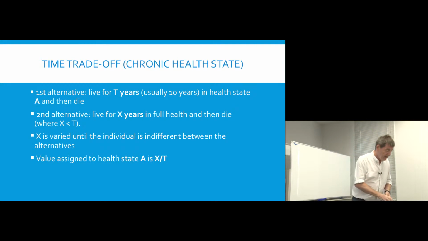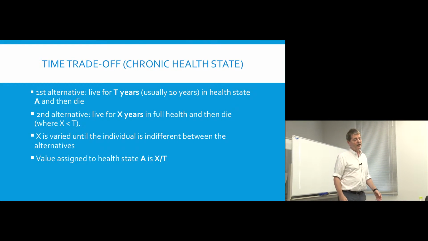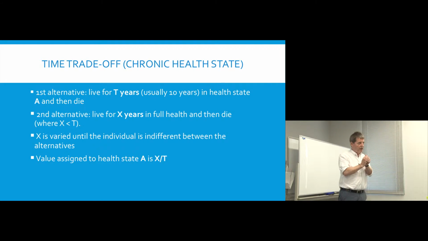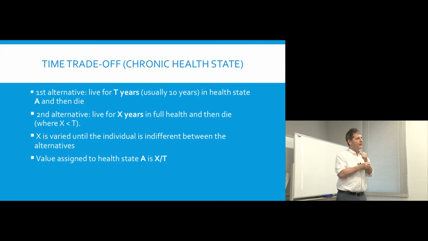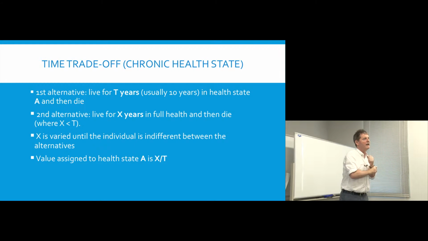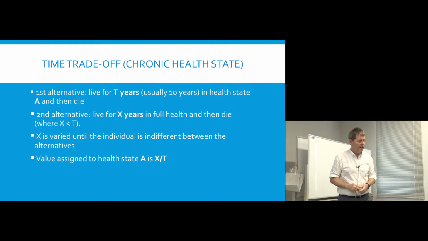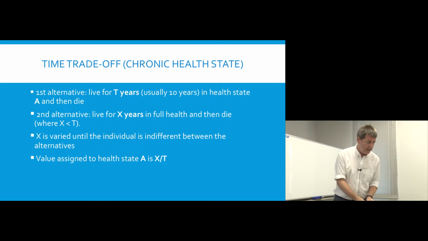And there's different ways of asking the question, but essentially you're trying to get to that point where the individual says, I really can't choose. They're the same for me. This shorter period in full health is as attractive or unattractive as this 10-year period in the ill health state.